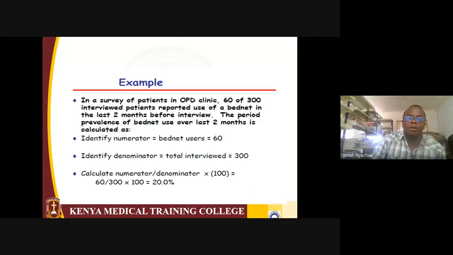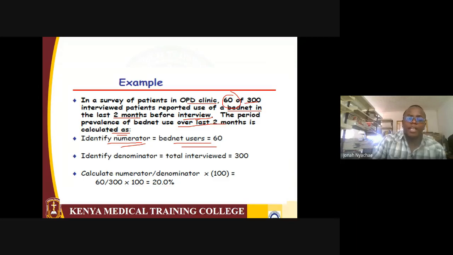So for example, in a survey of patients in OPD clinic, 60 out of 300 interviewed patients reported use of bed nets in the last 2 months before interview. So the period prevalence for bed nets used over 2 months is calculated as you identify the numerator, which is the bed net users, which is 60.